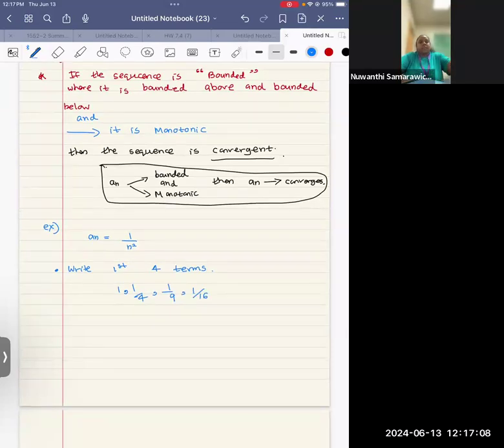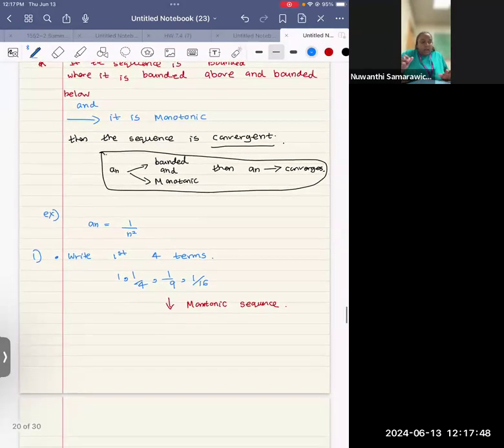Then is it an increasing sequence or a decreasing sequence? It is decreasing. So we can say this is a decreasing monotonic sequence. This is just one way, writing the terms and checking whether it is a monotonic sequence or not.